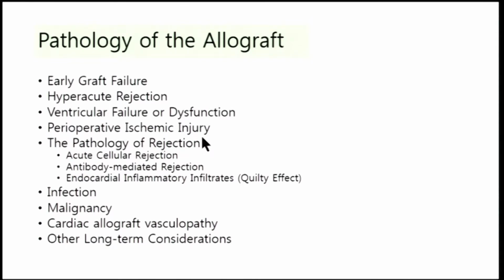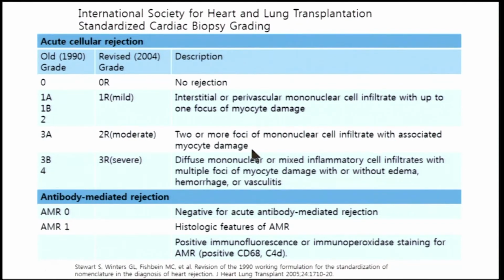Perioperative ischemic injury is also very common and an important consideration when we interpret the allograft. Of course, acute cellular rejection, antibody-mediated rejection, and Quilty effect are the three major conditions we have to interpret consistently to make clinical management optimal for the care of the patient.